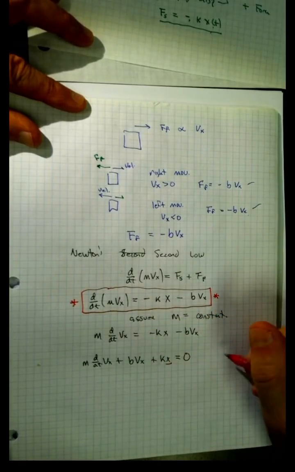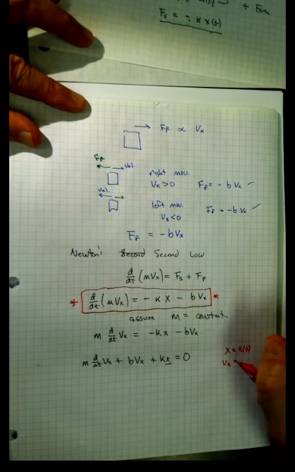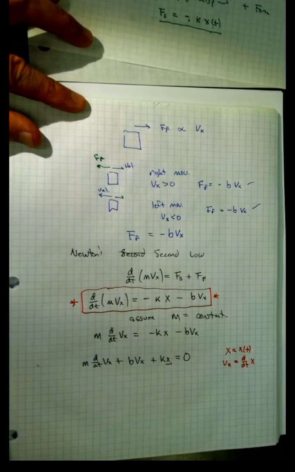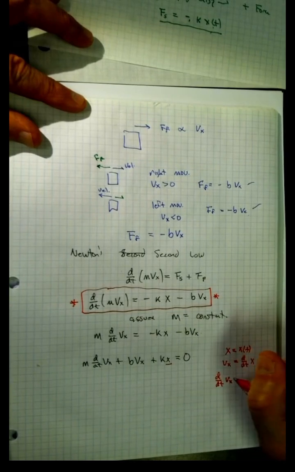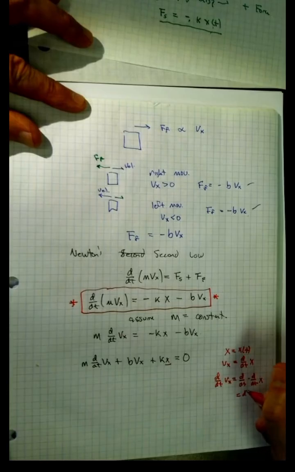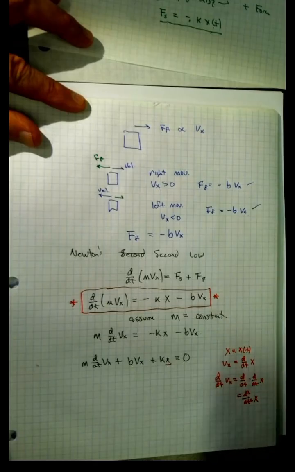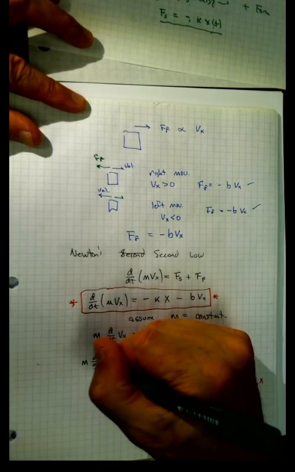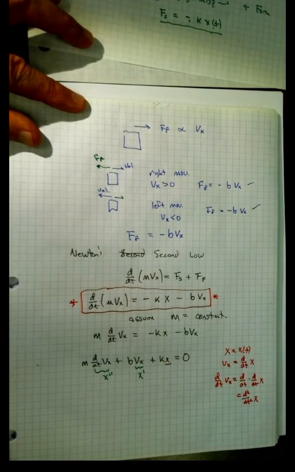Notice, there's my x. X is a function of t. Vx is the rate of change of x. So that's the derivative of x. And the acceleration is the derivative of vx, which is the derivative of the derivative. So that's the second derivative of x. So what does that mean? That means that's the second derivative of x, and that's the first derivative of x.